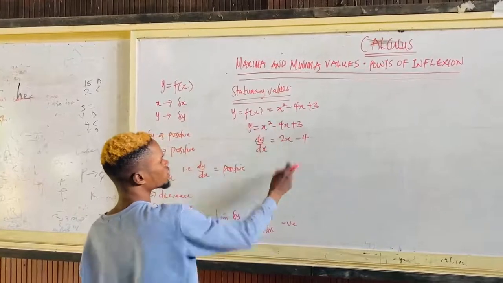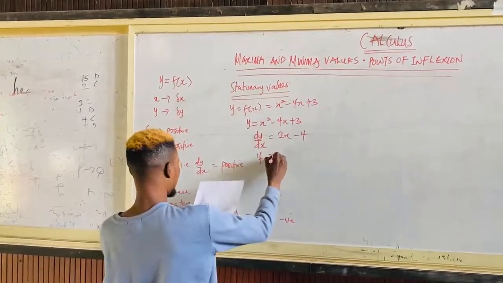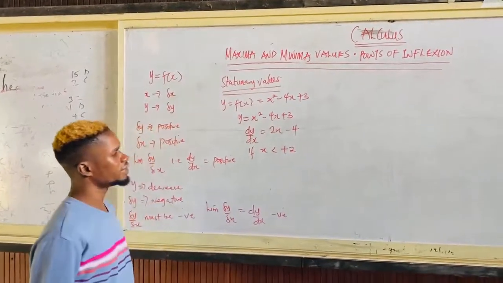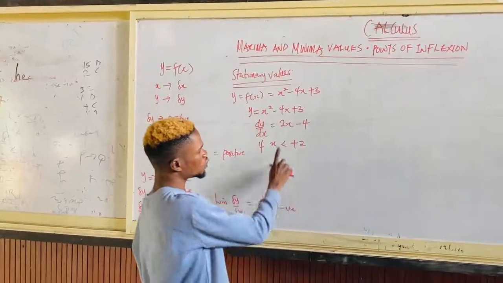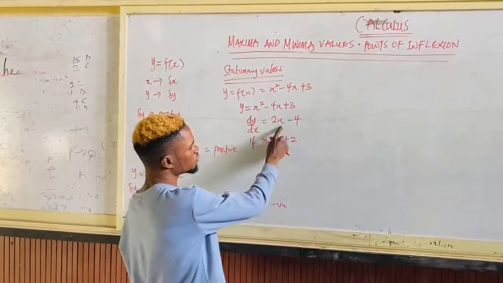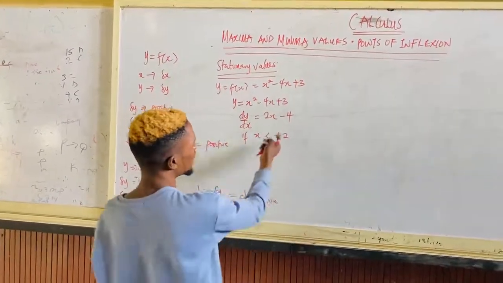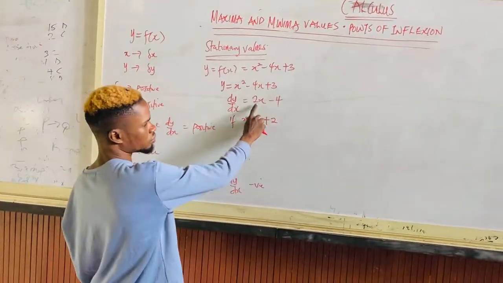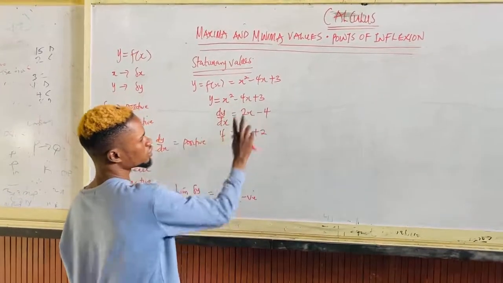That's 2x minus 4. Now if x is less than 2, taking values of x that are less than 2, that's 1. So 1 times 2 is 2, and 2 minus 4 is what? Minus 2. If I take 1.5, same thing, negative.